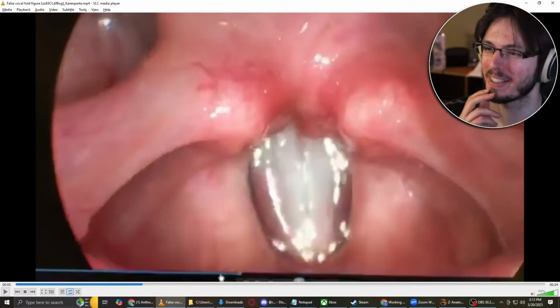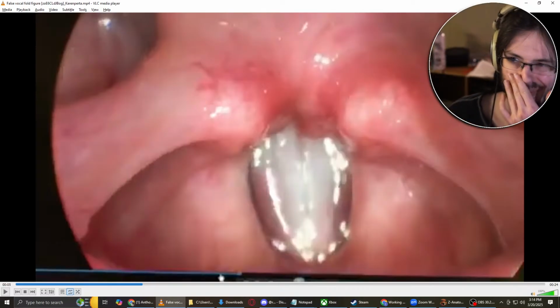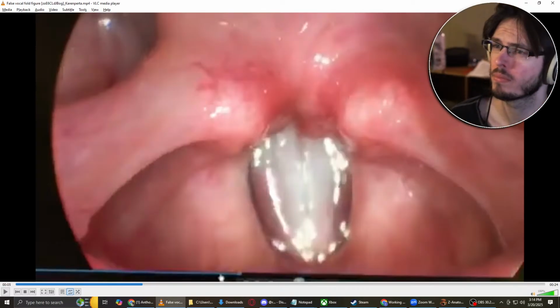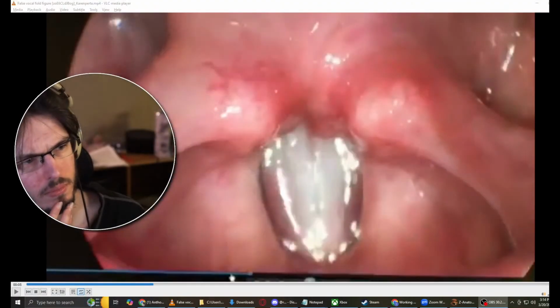Well, let's just start with when a person is doing what we might call plain or modal phonation. That's what I'm doing in this conversation to the best of my ability. My true vocal folds are vibrating, and I'm trying to avoid using any ventricular fold vibration or ariepiglottal fold vibration.